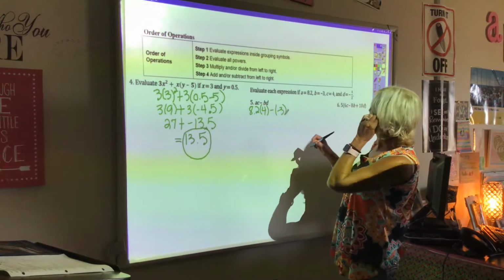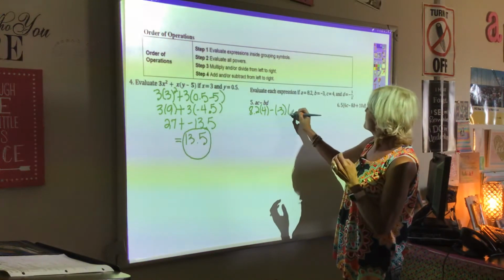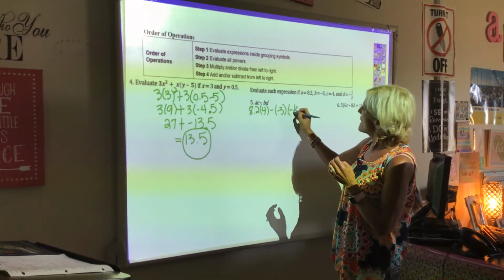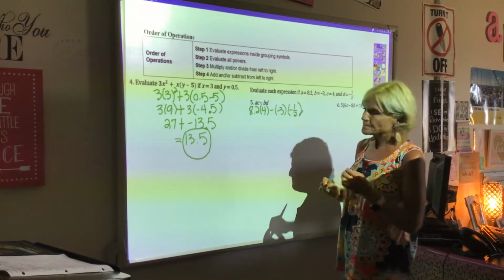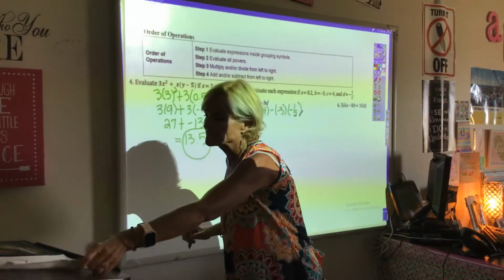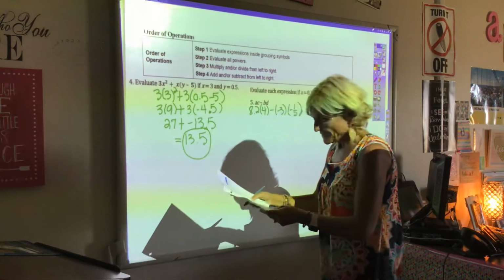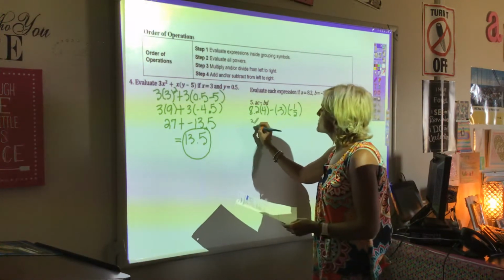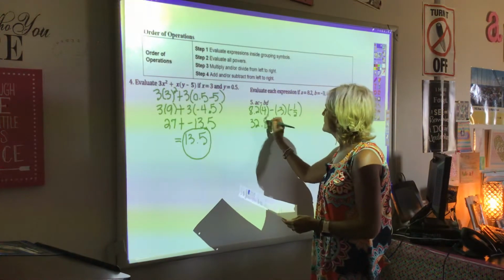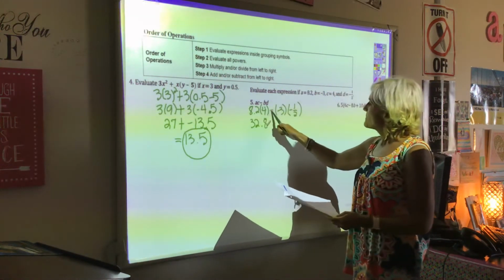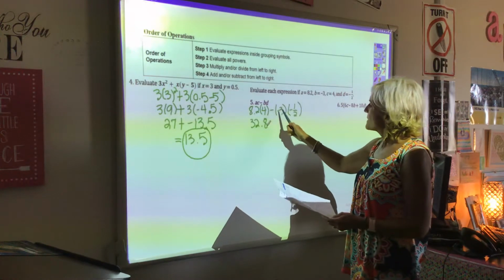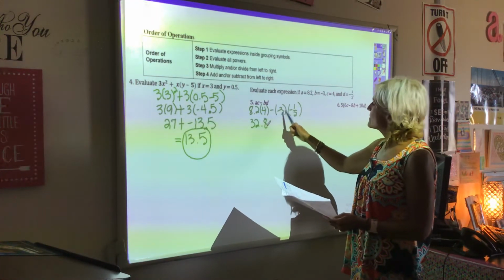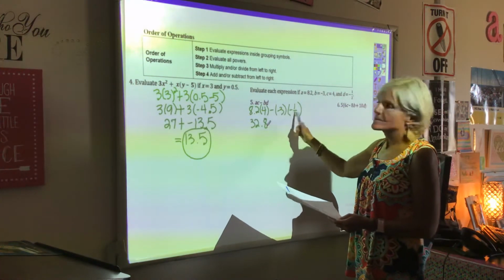So we have a negative 3 times a negative 1/2. So we have 8.2 times 4 is 32.8. And then look, we've got minus a negative times a negative. 1, 2, 3 negatives.